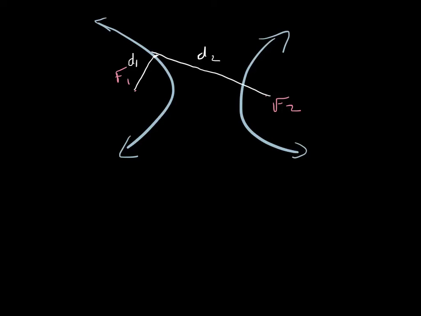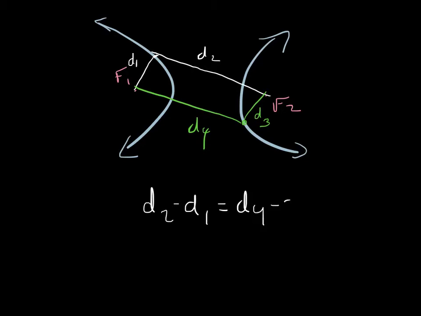And then we draw the distance from this point here to there and there, and we'll say that's D3 and D4. So what does that mean? That means D2 minus D1 is equal to D4 minus D3. The difference is the same. So a hyperbola looks like this little shape here, there, that's a hyperbola.